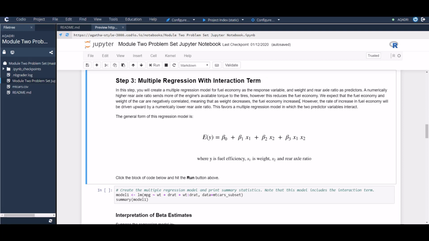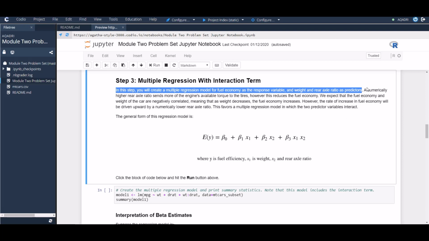Last week, you created a multiple regression model where the response variable was modeled using several predictors. And up until this point, it's a fairly simple model. You just have 2 predictors and you're using them to model the response variable.